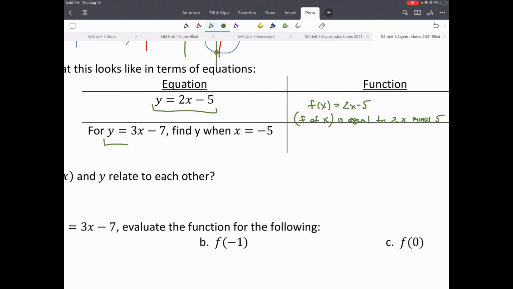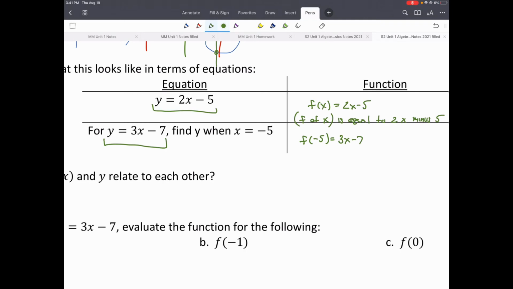So here we have y is equal to 3x minus 7, and find y when x is equal to negative 5. So one thing that's really nice about function notation is that we can just write that whole thing like this.